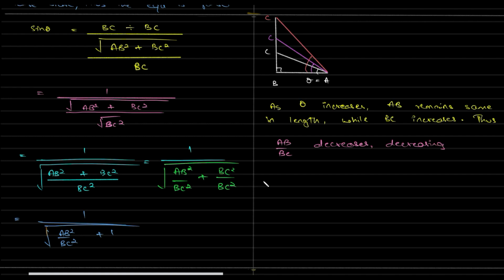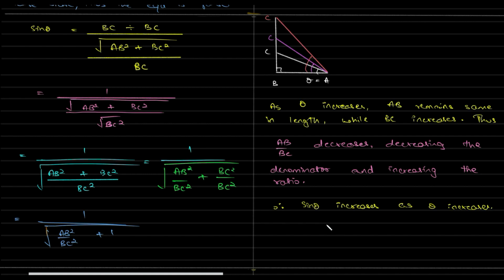So overall, the value of the denominator decreases, and decreasing the denominator means increasing the ratio. Right? Make sense? This entire thing will increase. That's what we wanted to understand. Therefore, sine theta increases as theta increases.